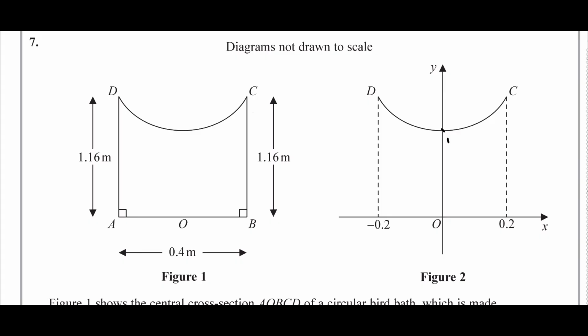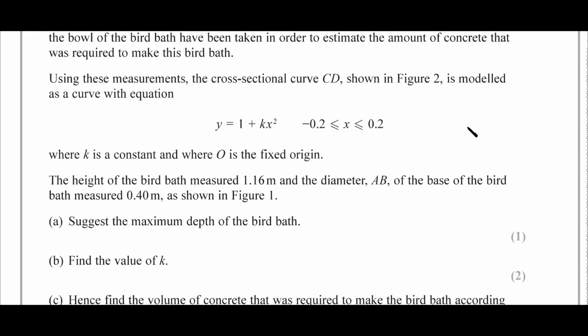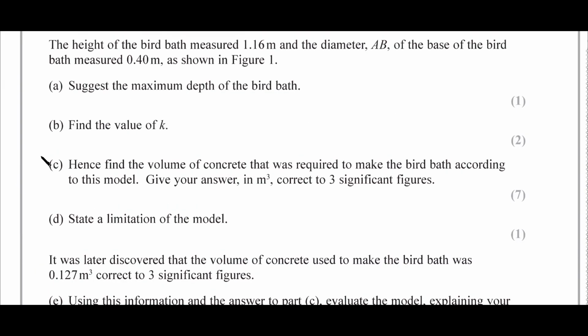We've got this total height, which is 1.16 meters, and therefore the depth of the bowl, the remaining bit, which I will show in green, will equal 1.16 minus 1, which is 0.16. For part A, the depth of the bowl is 0.16 meters.